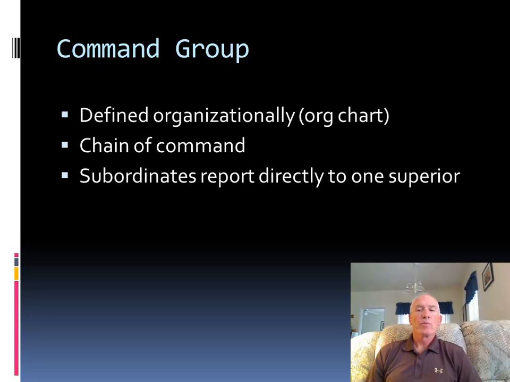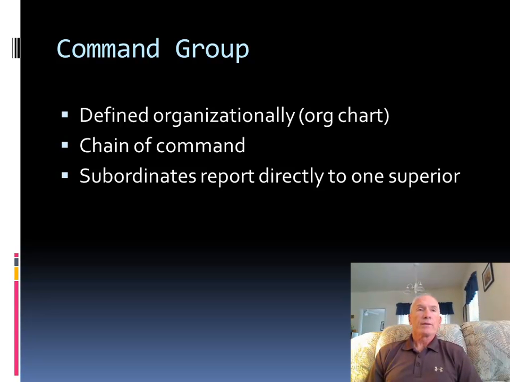A command group is typically defined organizationally. Think of the organizational chart, which we're all familiar with: the typical pyramid, hierarchical group structure of most police organizations and most organizations in American society as well.